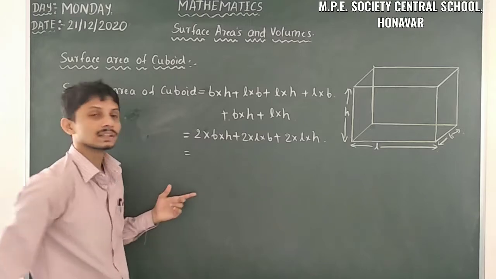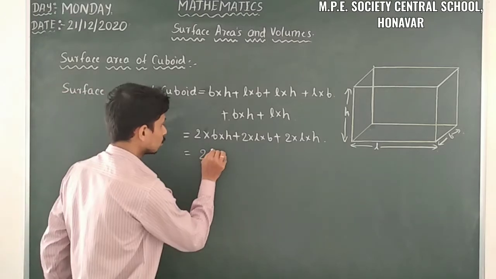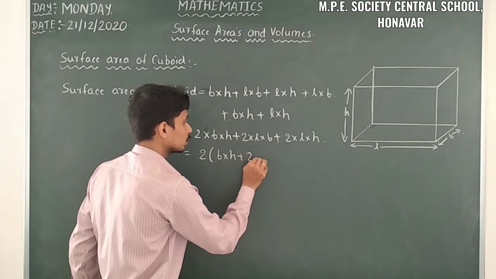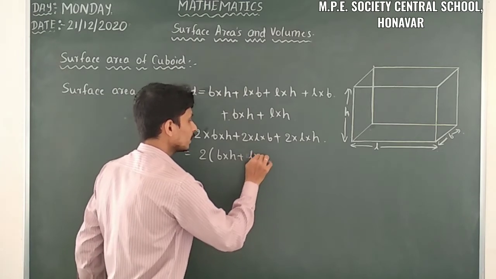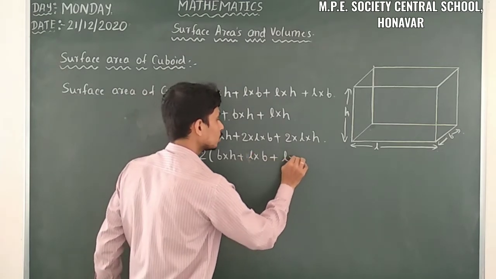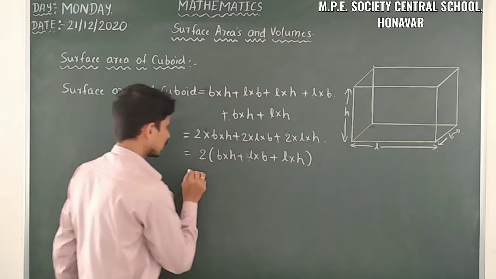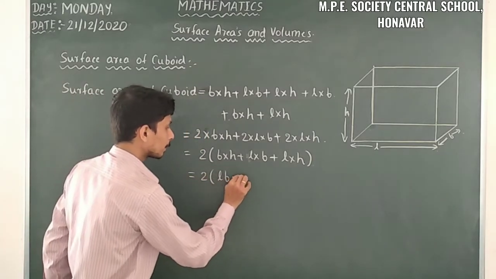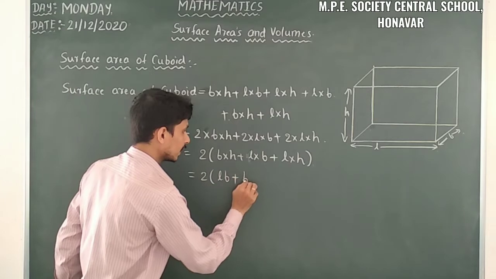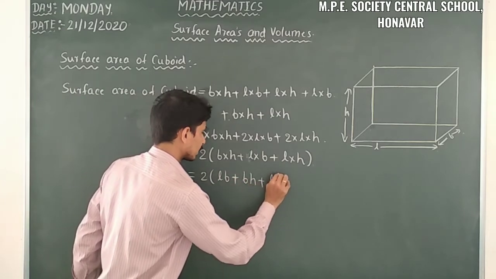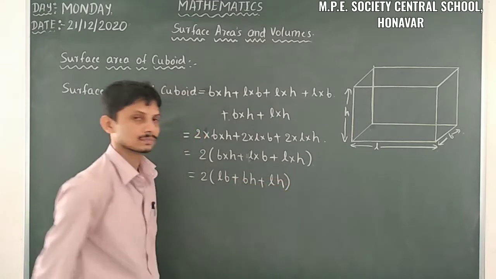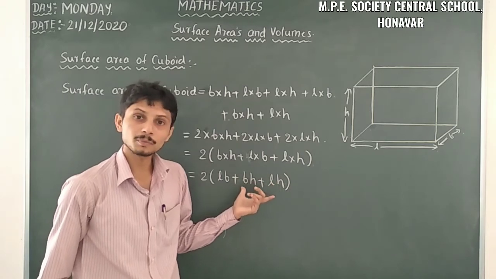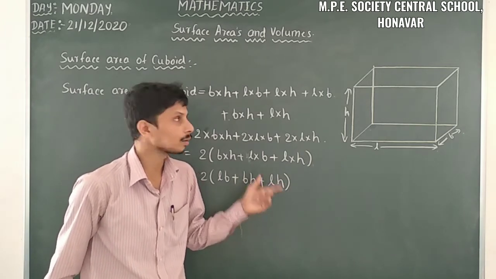Let us take 2 outside: 2 into B into H plus 2 into L into B plus 2 into L into H is equal to 2 into (LB plus BH plus LH). This is the formula for finding the surface area of this cuboid.